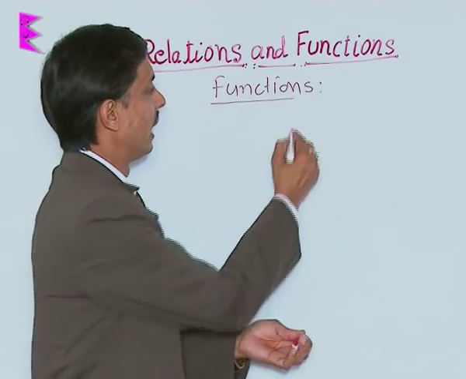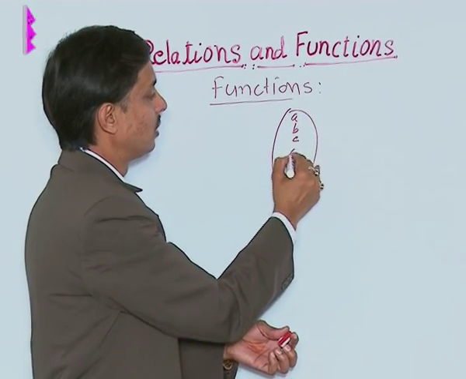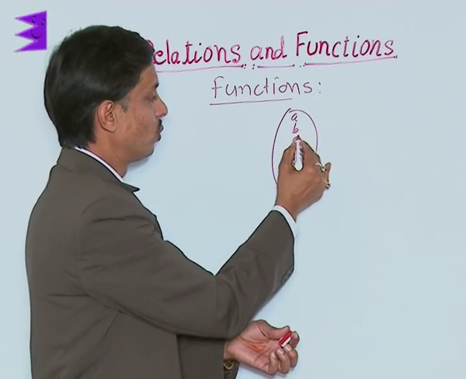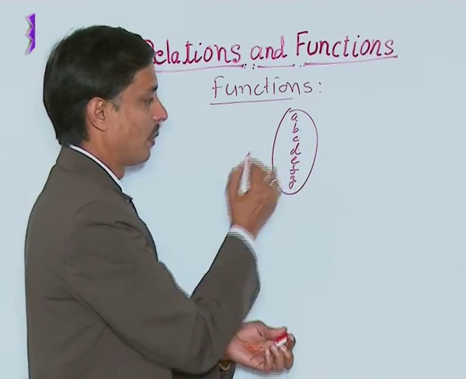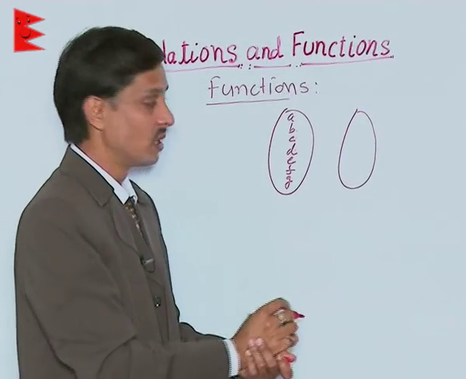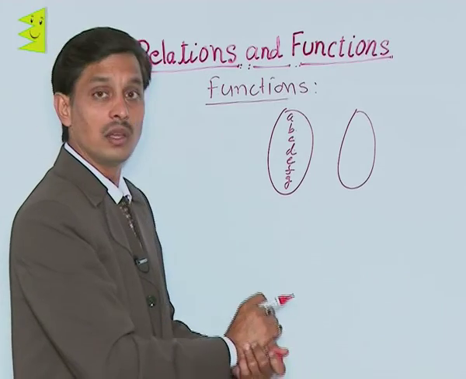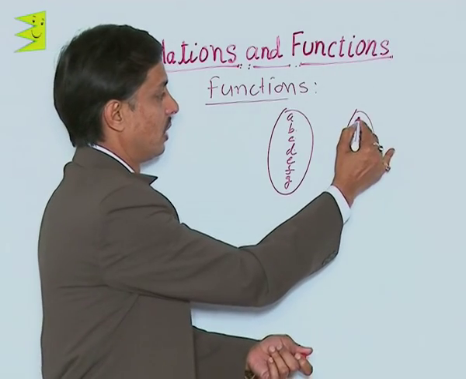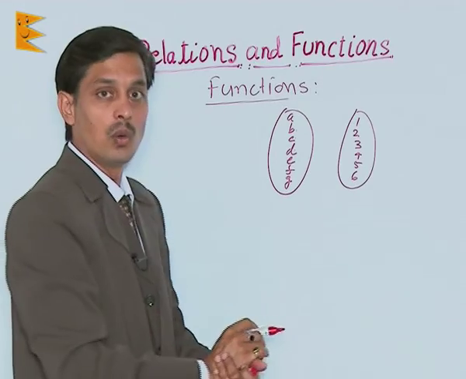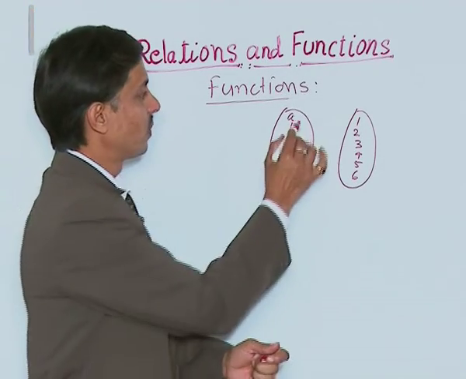If we have seven friends A, B, C, D, E, F, G, and because of some shortage we were in a position to arrange only six chairs, that is chair 1, 2, 3, 4, 5, 6, and one chair can accommodate only one person.